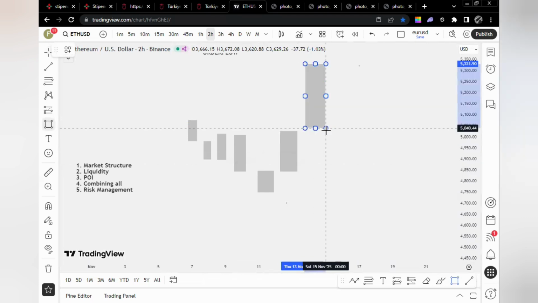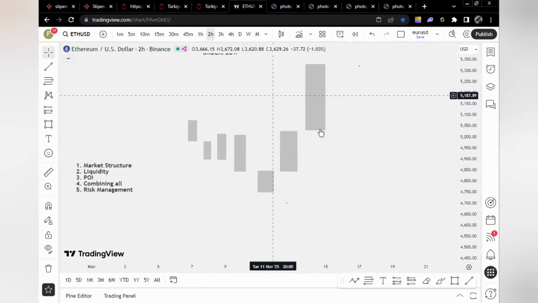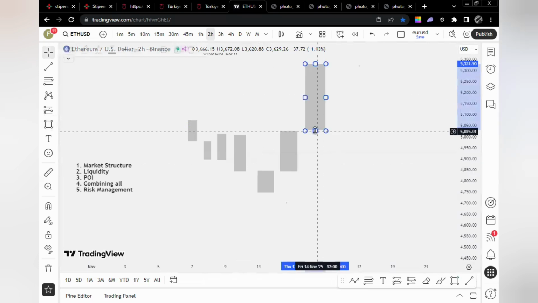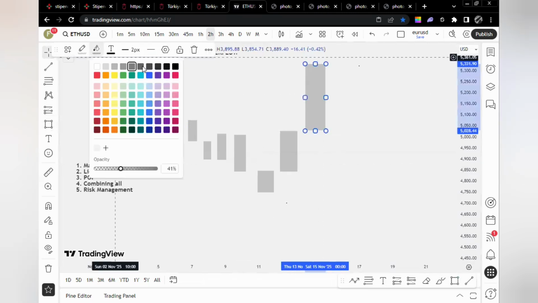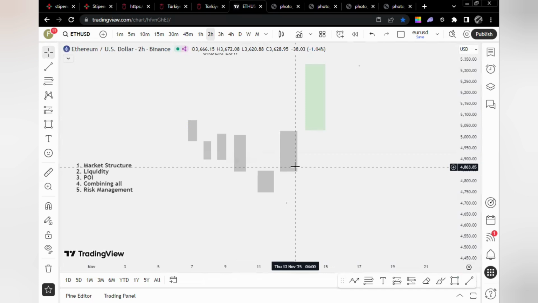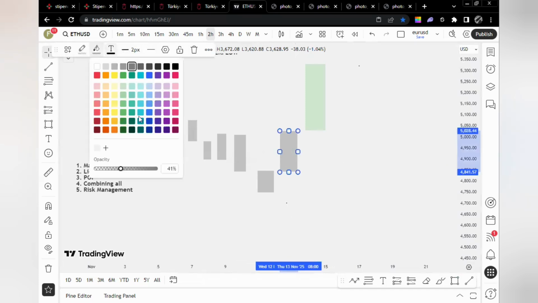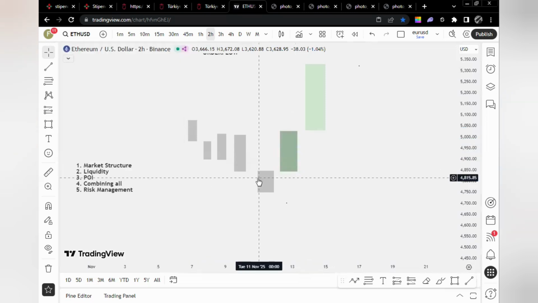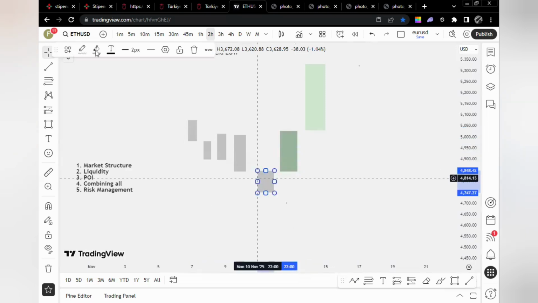I know you guys must have seen charts where price tries to do something. Now let me change the colors for easier understanding. Let me just make it the regular green candles.